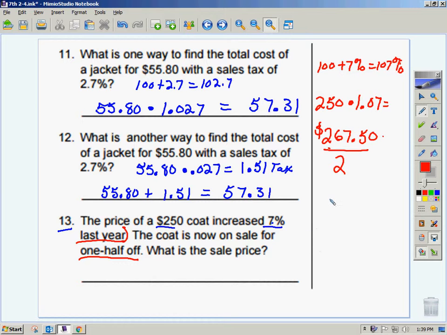And when I do that, it's going to give me 133.75. Questions on 11 through 13? Am I good? Can I go on?